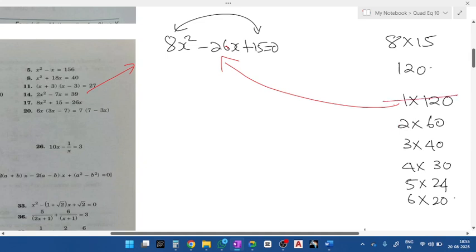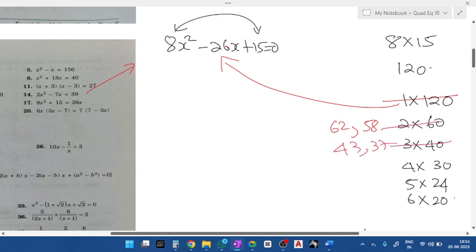When you add and subtract, see, quickly you'll have to think. When you add 2 and 60, what do you get? Yes, Charisha, when you add, you get 62. When you subtract, 58. What about 3 and 40? See, tell me the two values. When you add and subtract, what do you get? You get 43 and 37.